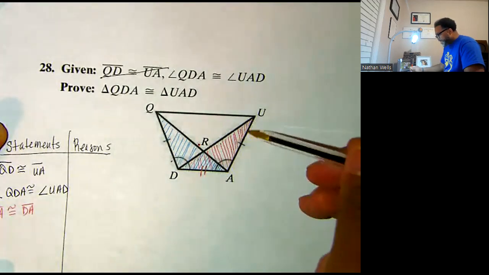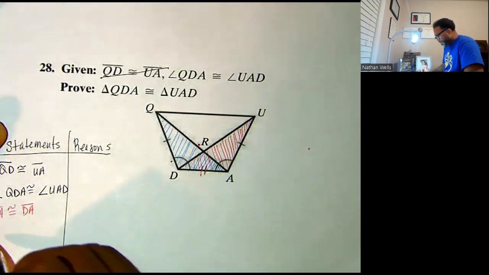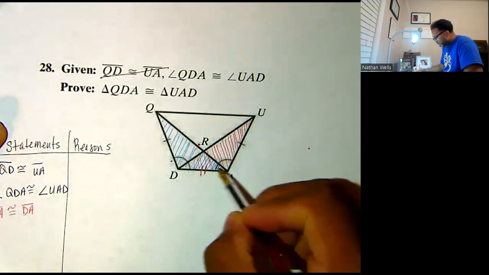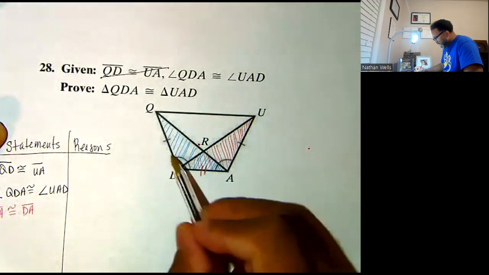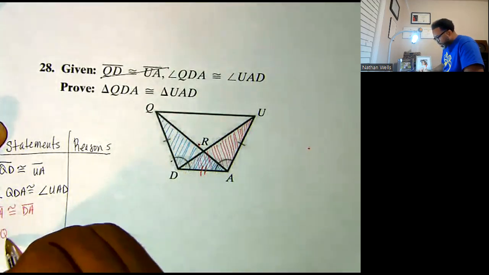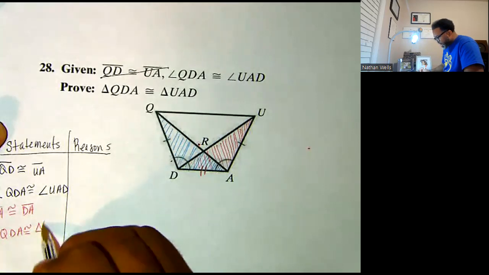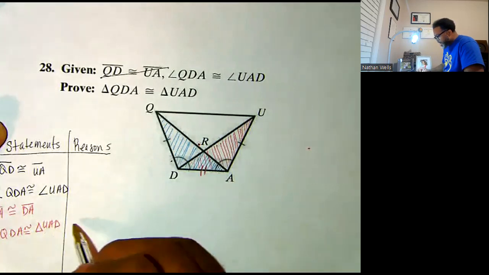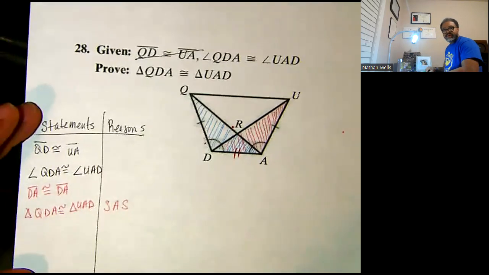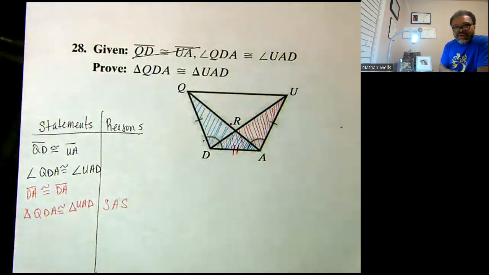So we have enough to say that these two triangles are congruent right away because we have side, angle, side. So triangle QDA is congruent to triangle UAD by way of side, angle, side. There is your answer.